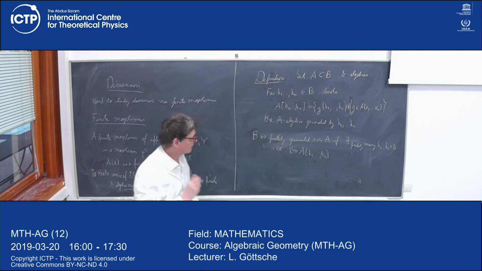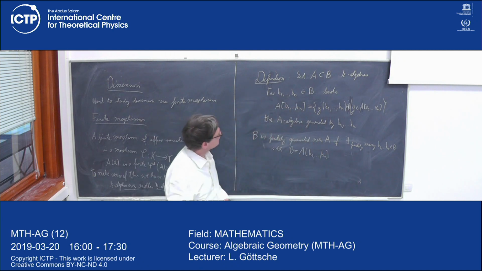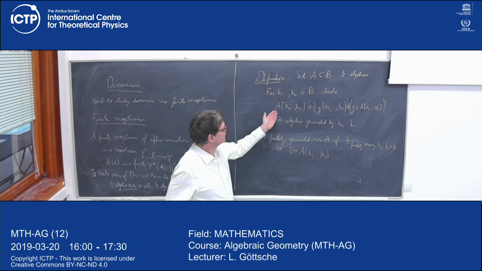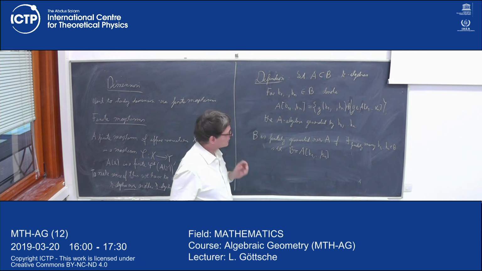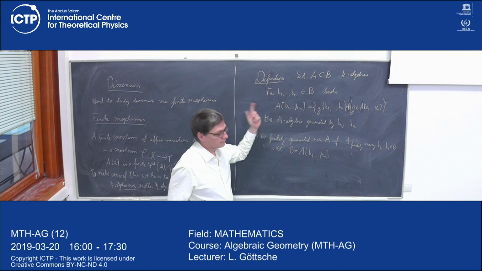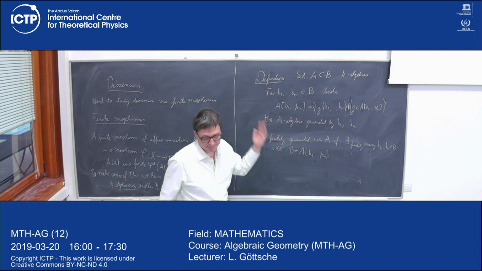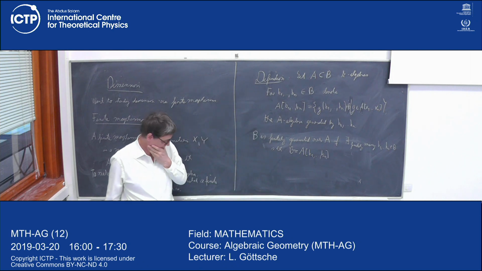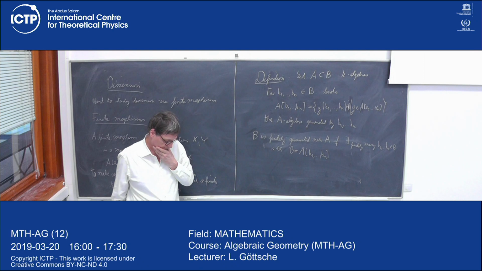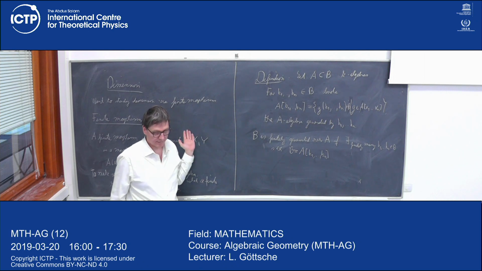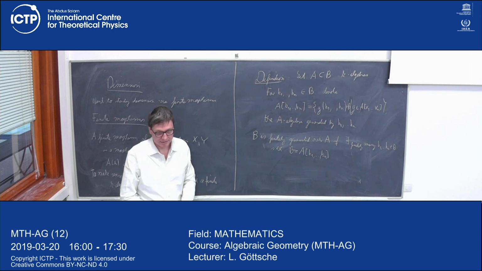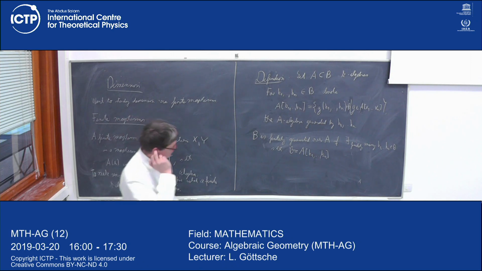So this can be reasonably big. For instance, you see that the polynomial ring in n variables over a field would be a finitely generated K algebra. In fact, we know that A(X) for any affine variety will be a finitely generated K algebra.